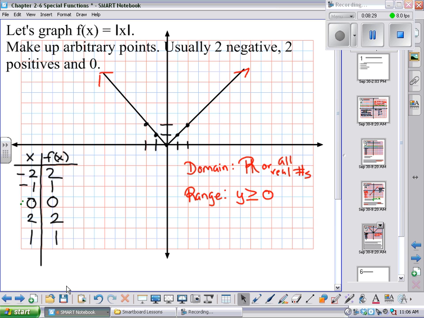The absolute value function can also be referred to as a piecewise function, in that we could write this as a function in 2 pieces.